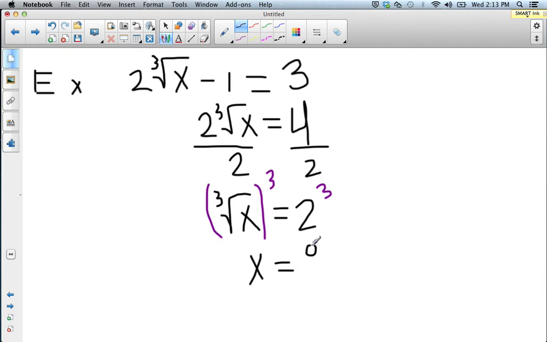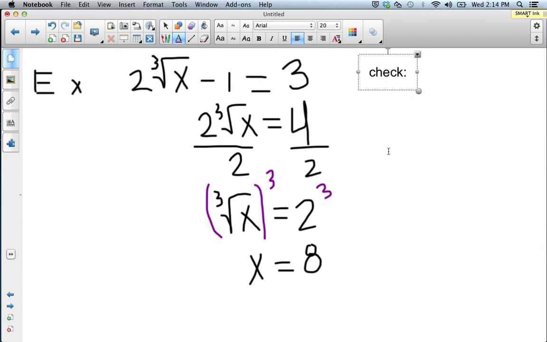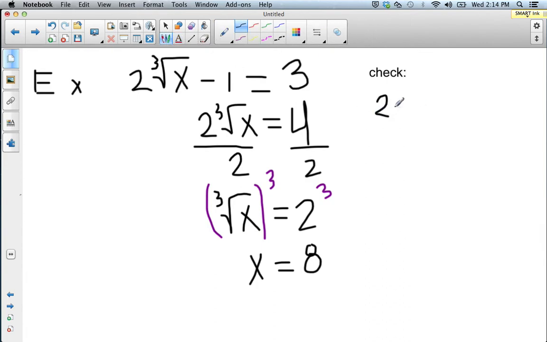Remember, always check to make sure it's not an extraneous solution. So I'm going to check over here. And here's my check work. 2 times the cube root of 8 minus 1 equals 3.